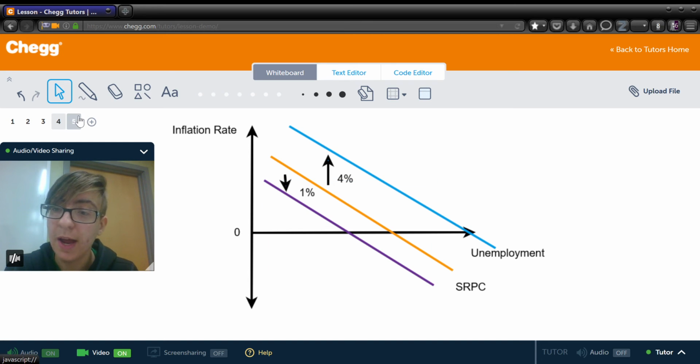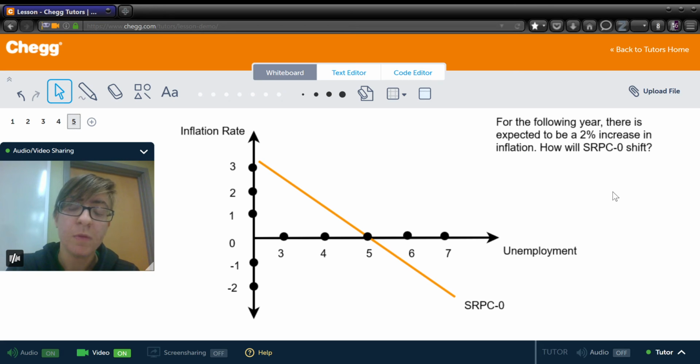So let's try an example. For the following year, there is expected to be a 2% increase in inflation. How will the short run Phillips curve 0 shift?